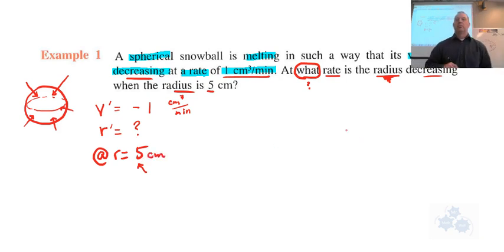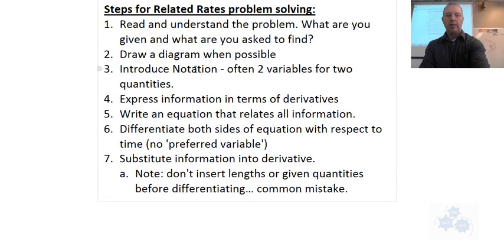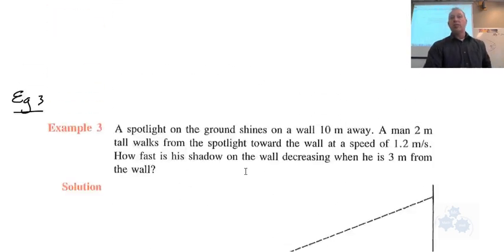So that's the first part of related rates problems: given a rate, asked to find a rate, and at what point in the question am I engaging all this stuff and getting my answer. I am going to throw up a little graphic here now. I got a couple examples, and these are my steps.